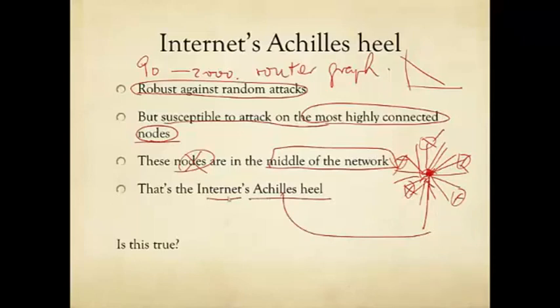Now this is a very alarming statement, and it almost sounded true, except it is not true. Again, the internet has many vulnerabilities in terms of security and reliability, but it doesn't have a highly connected router sitting in the middle of the network.